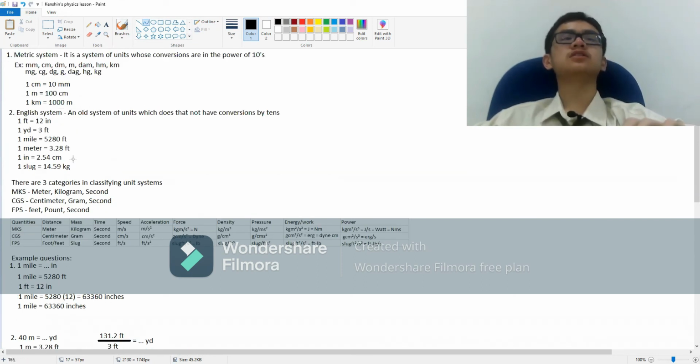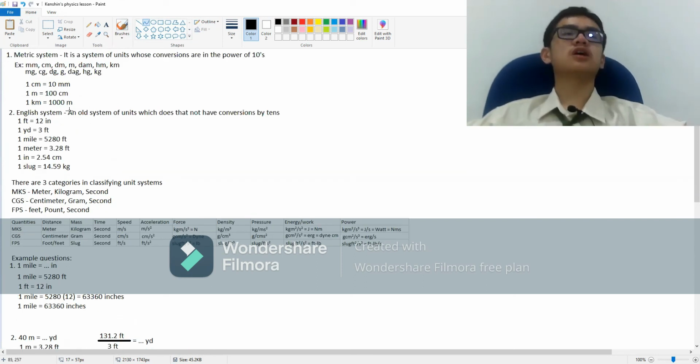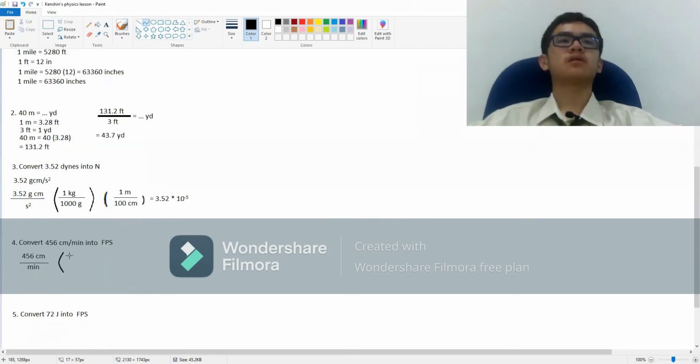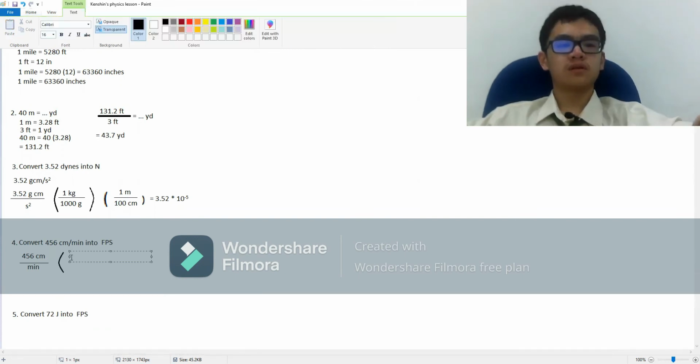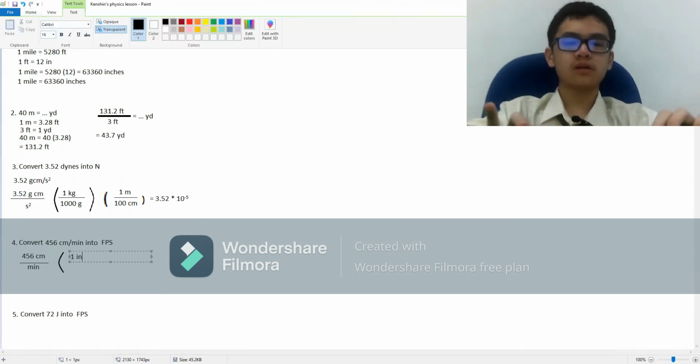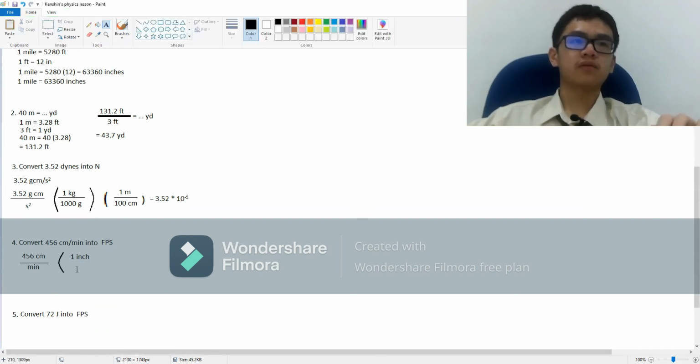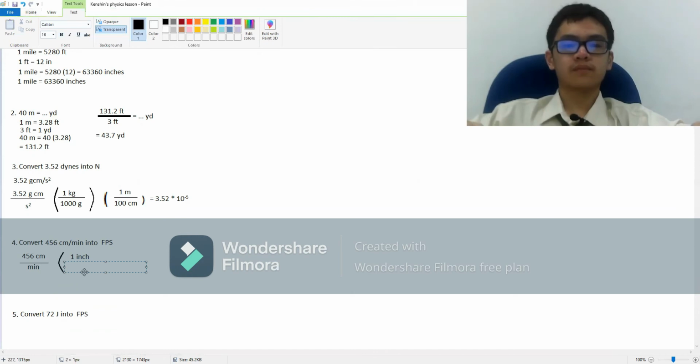So centimeters to feet. There's no direct conversion, so we use centimeters to inches, then inches to feet. So in 1 inch, we have 2.54 centimeters.